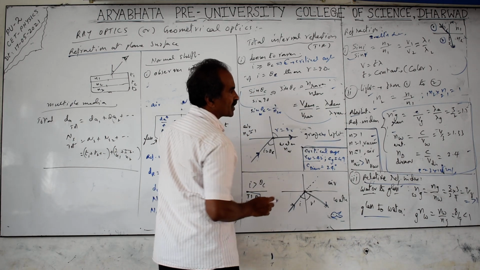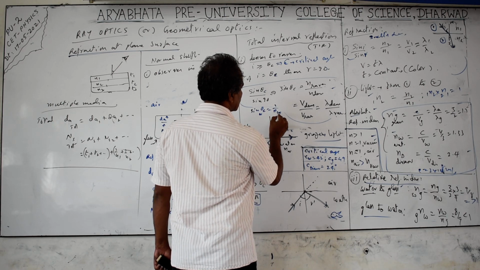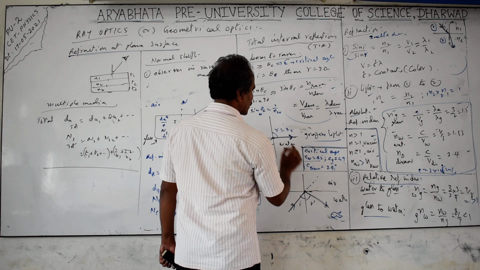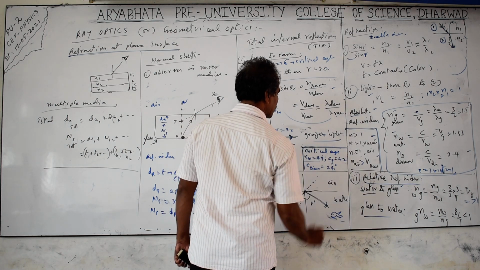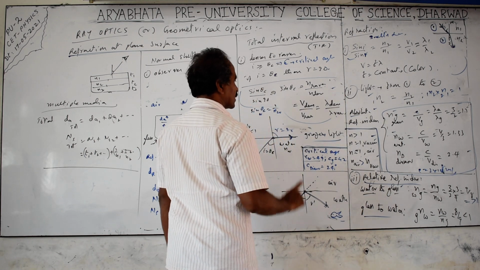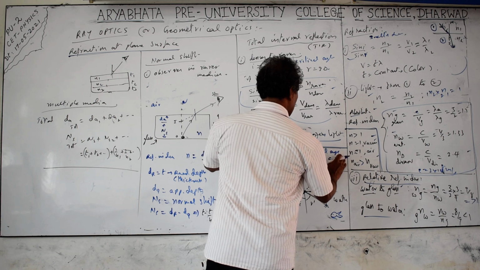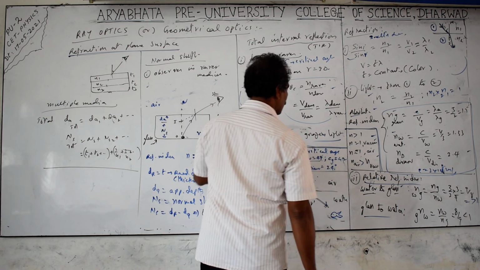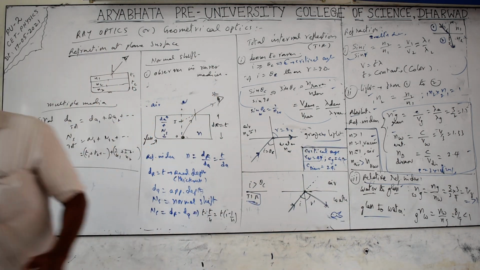N water is 1.33. The less the value of 1 by n, the more this value should be. Water should be 49, I think. This is 42. For glass n is more, so this is less. Sorry, this is okay, 49, 42. I have to verify this, 1 minute.